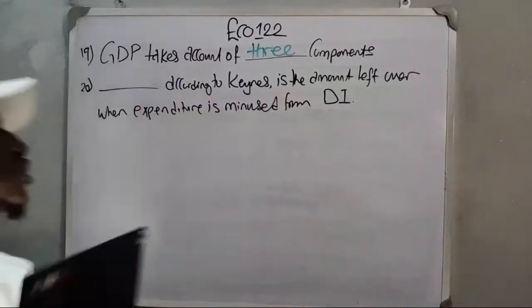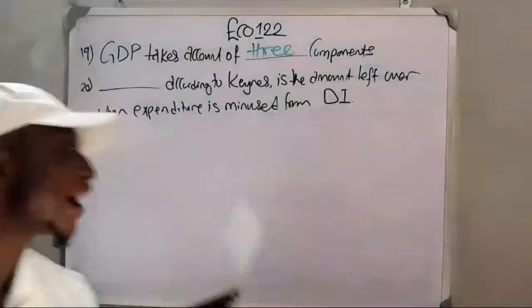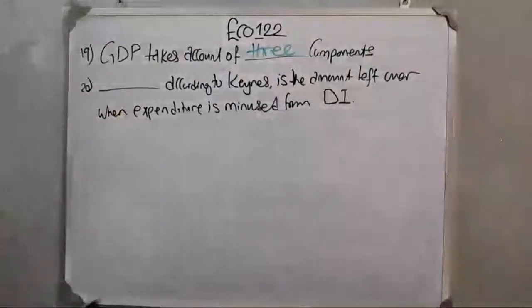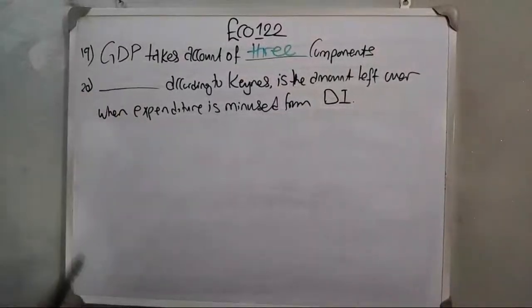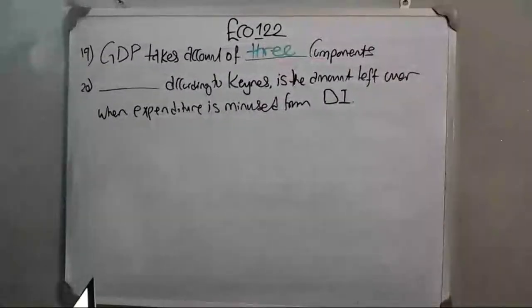Dash according to Keynes is the amount left over when expenditure is minus from disposable income. Okay. Yes, thank you for that, Ms. Titi. Yes, thank you very much for that. It's called savings.